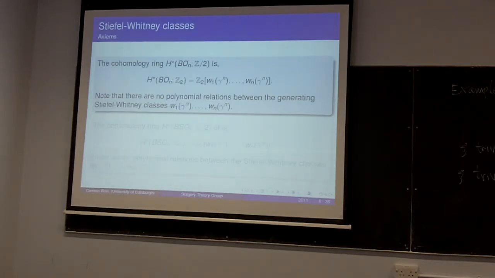In particular, if we are looking at this ring over Z2, this is just a polynomial ring over Z2, and there are no relationships between the Stiefel-Whitney classes; they are independent. So it's very, very important.